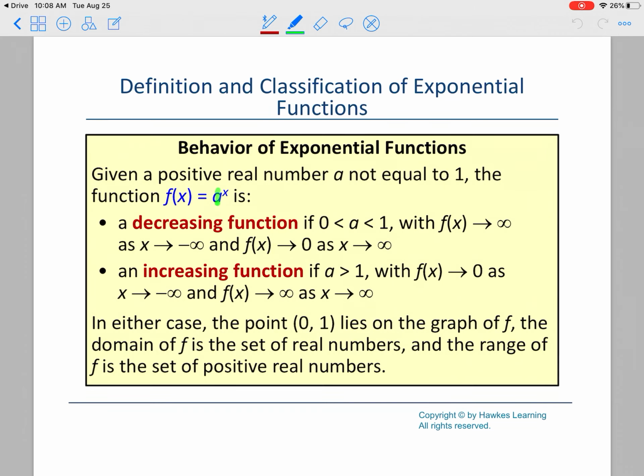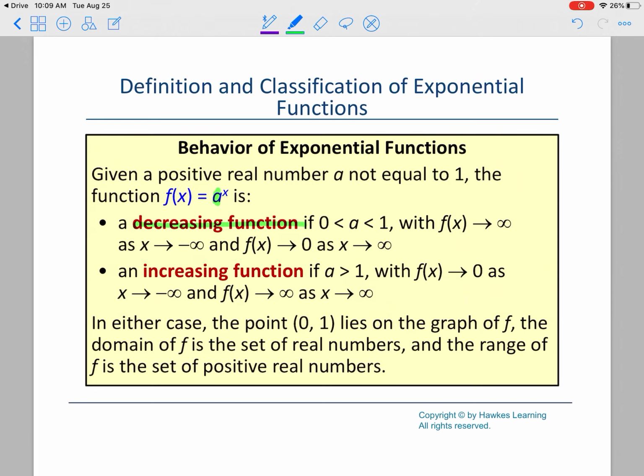Okay, if a, our base, is between 0 and 1, which means that it is a fraction or a decimal between 0 and 1, like 1/2, 2/3, 3/4, anything like that, then we know that our function is decreasing. Okay, so if we have a fractional base that is less than 1, don't get confused about that. If my fractional base is less than 1, then my function is decreasing.